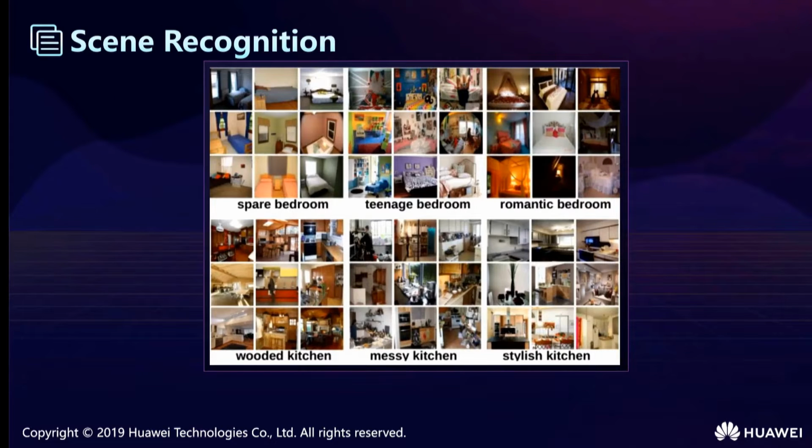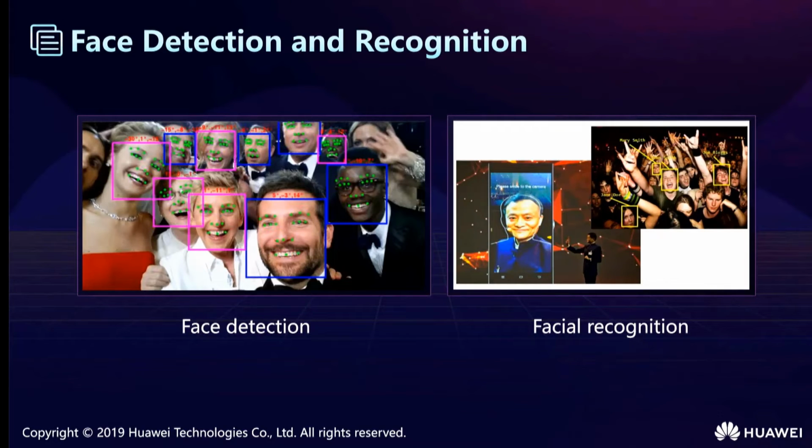Scene recognition predicts the scenario of the pictures, such as a bedroom. Mask checking or stairs checking is about artificial intelligence. Face detection discovers and locates the face and facial features in the image, and it can be used for face focusing and augmented reality.